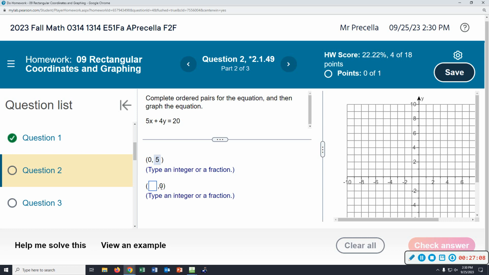Because when you're multiplying, that term becomes 0, doesn't it? So really we just have 5x equals 20. What do we do? Divide by 5 to give us x equals 4. So the other ordered pair I found is 4, 0.